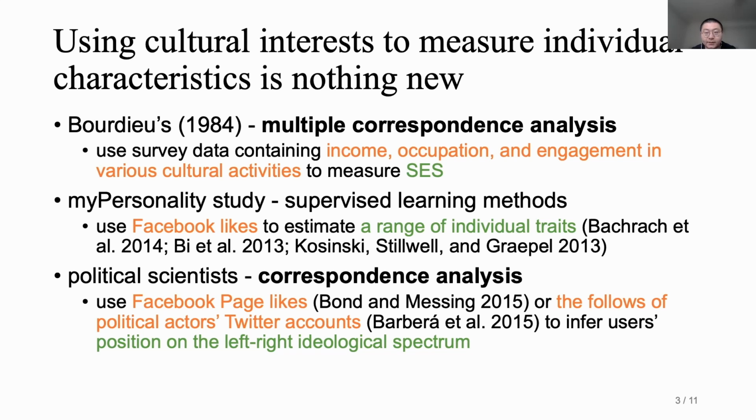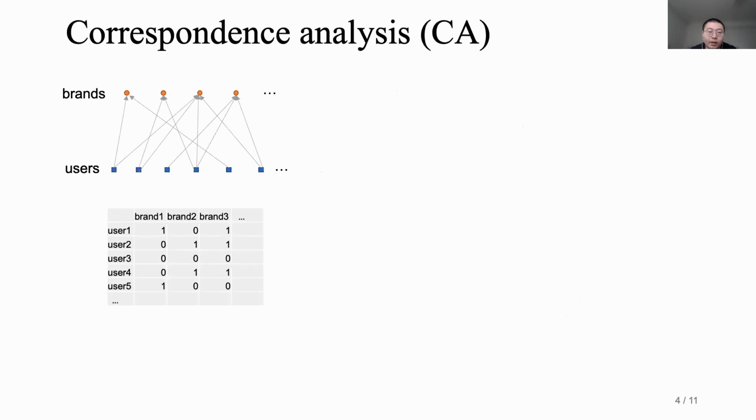As a simple reminder of what correspondence analysis is, it is a multivariate method to summarize the association between rows and columns of a two-way contingency table as the position between points in a low-dimensional space.